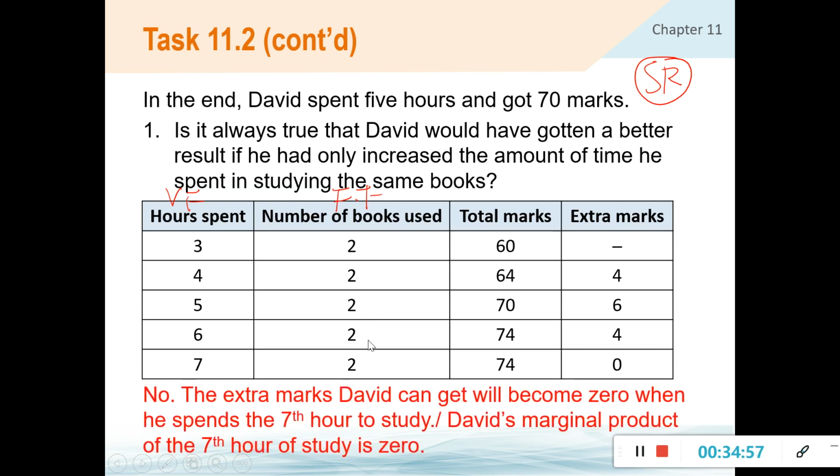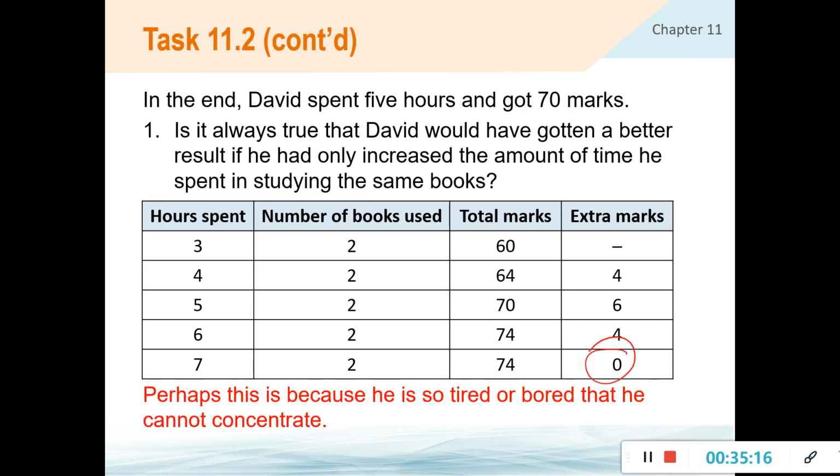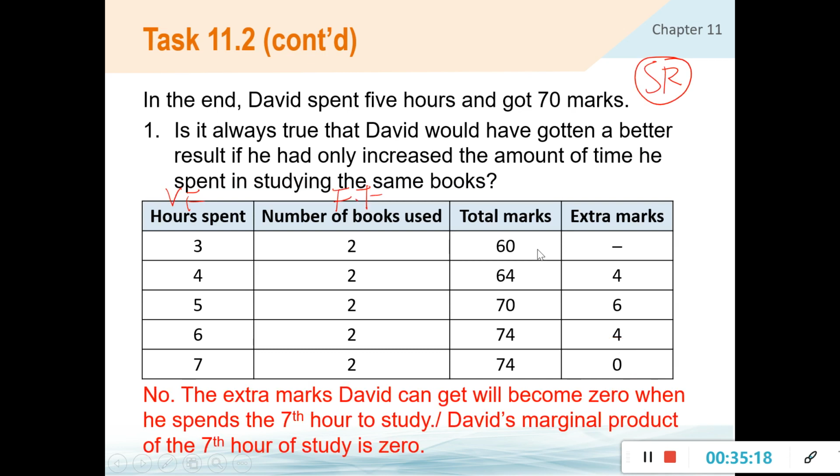啦。好啦，咁佢就問你，Is it always true that David would have gotten a better result if he had only increased the amount of time he spent in studying the same book? 你見到呢個 case 就唔係啦，你見到譬如你去到呢一個位，The extra mark he can get is 0, even though he spent more hours, from 6 hours to 7 hours.